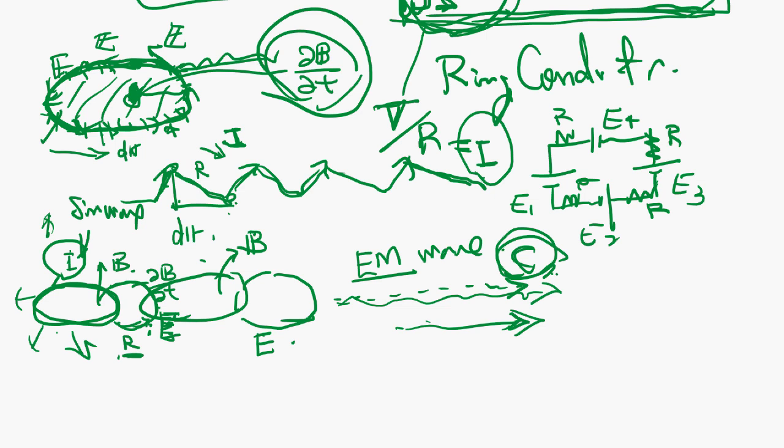So this is the EM wave generated. So the equation already implies that B change causes E, and E causes B again, because E causes I and I causes B again.